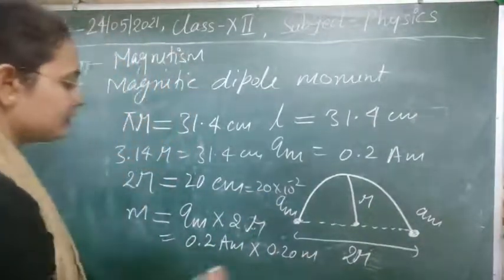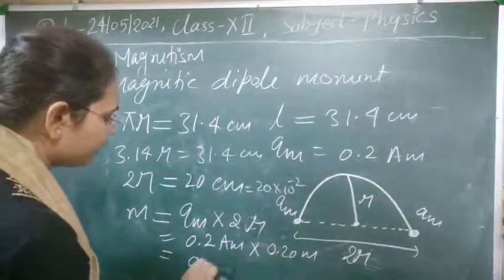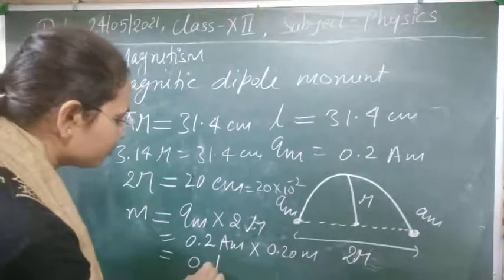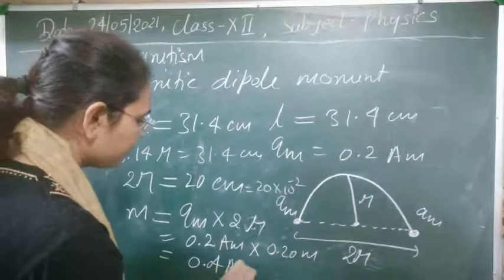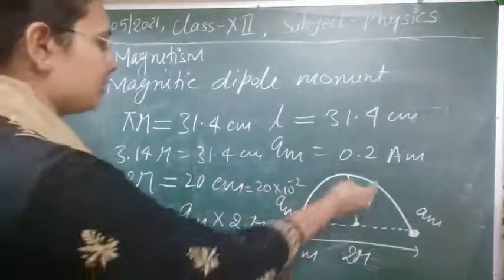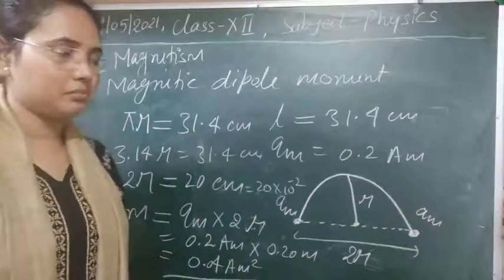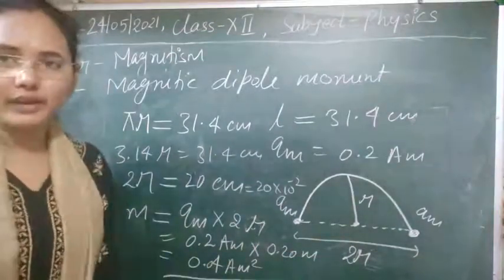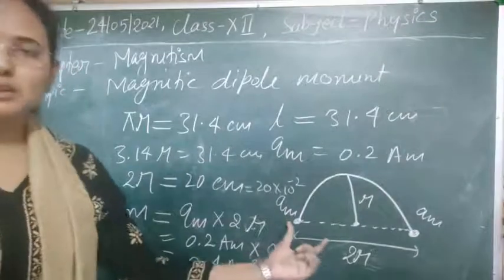If you solve it, this is obtained to be 0.04 ampere meter square. So this is the answer for the magnetic moment of the formation we made by bending the steel wire into a semicircle.